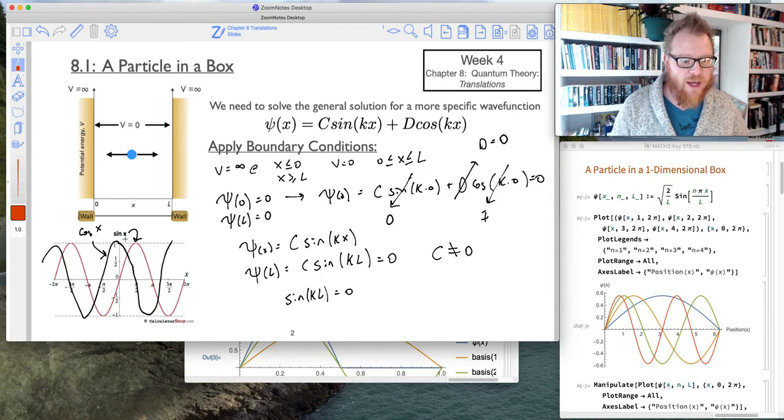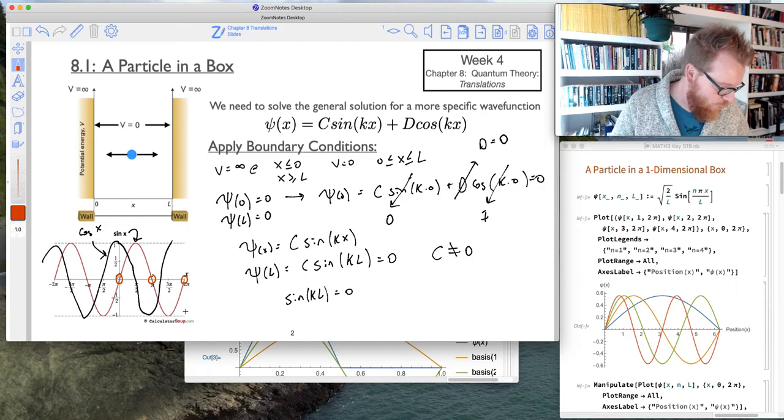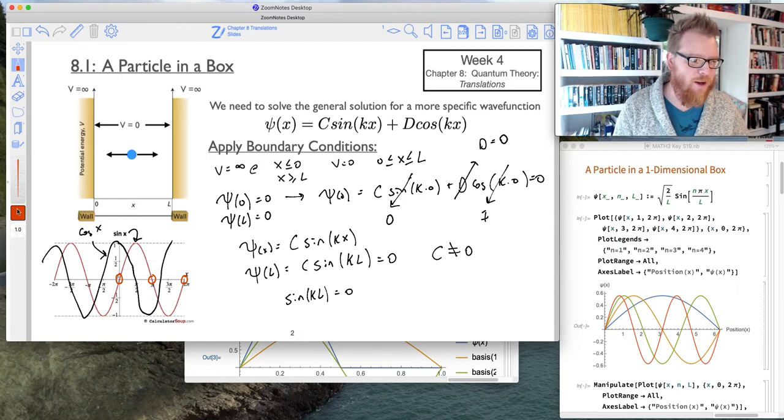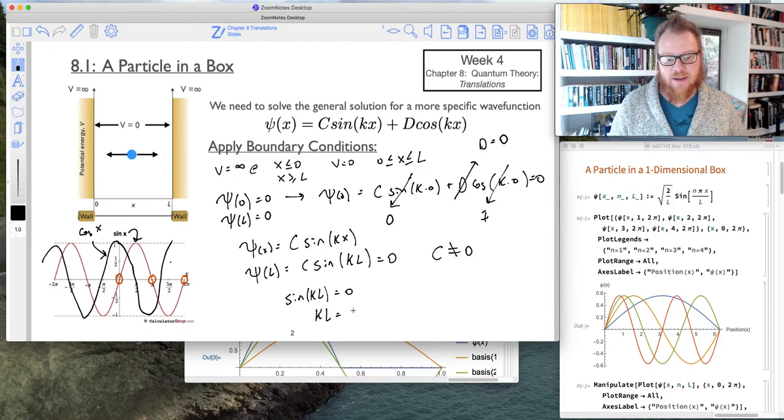We know that sine is 0 at x equals 0, at x equals 1 pi, at x equals 2 pi, 3 pi, 4 pi, etc. So what we can say now is this quantity, k times L, has to be some integer value of pi, n pi. Specifically, we can't have n equal to 0, because we've already established that up there with psi of 0.